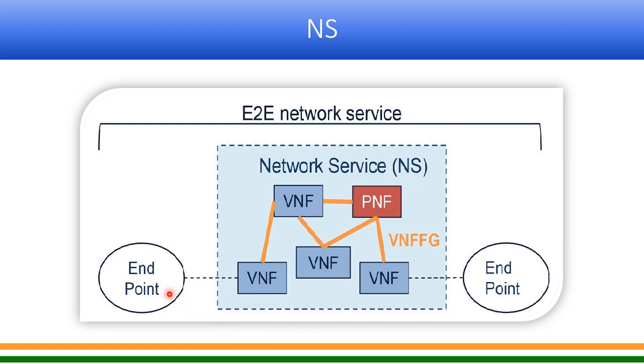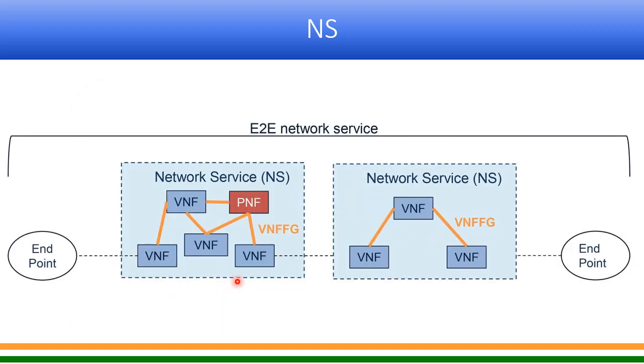So between the two endpoints, whatever set of VNF and PNF we have, in entirety it is called end-to-end network service. So end-to-end network service could be like this, or could be like this, wherein you have two sets of network service. This network service consists of VNF and PNF, and these connections are called forwarding graph.